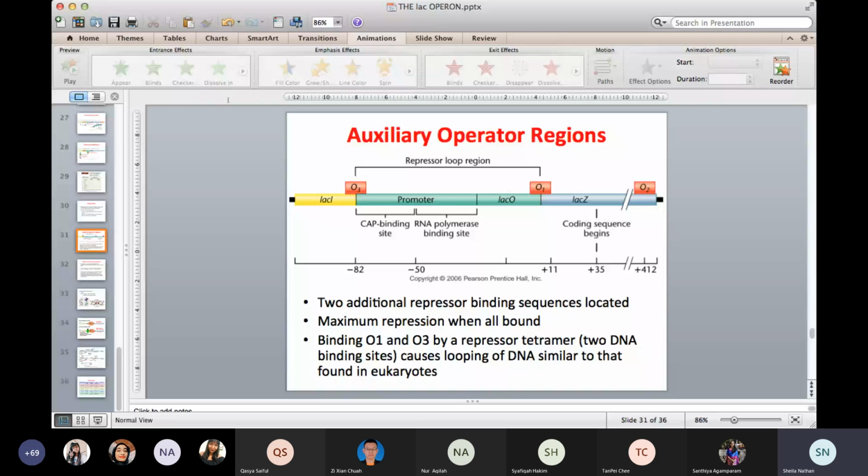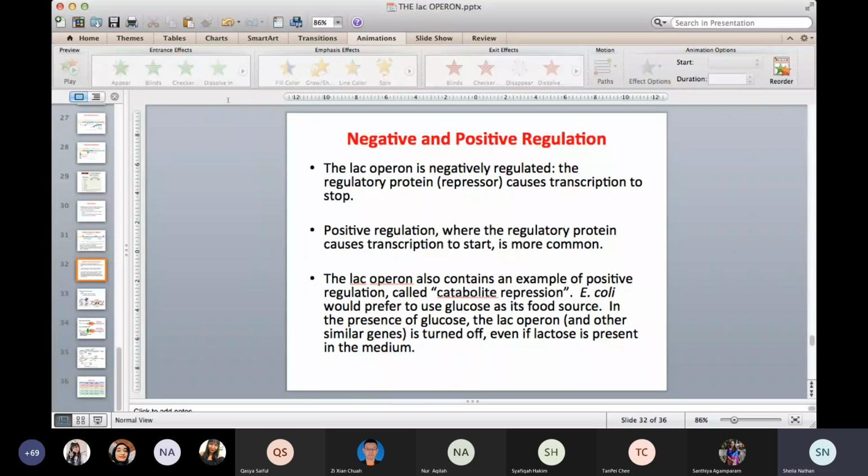All right, so coming back to whether or not this operon is negatively or positively regulated. For the Lac Operon, it is negatively regulated. Remember what I said? 98, 99% of the time it is switched off because glucose is almost always available.